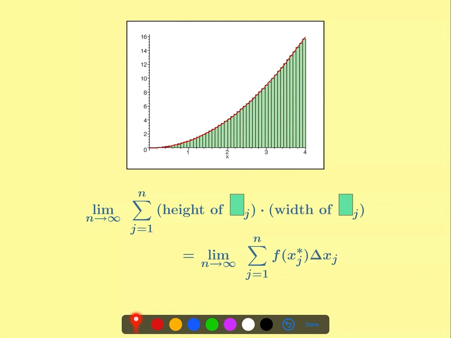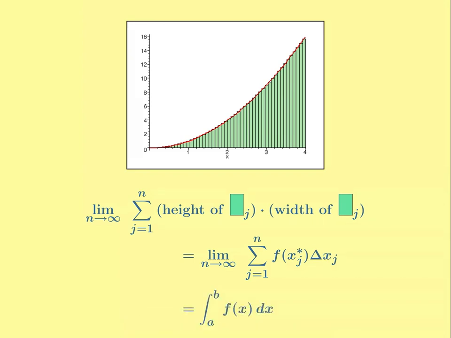Again, as delta x gets small, this gives us a value for the area underneath this curve. We write this as an integral. The sum is replaced by an integral sign, the height f of x is still the same, and the delta x gets replaced with dx. This integral represents the limit we had on the previous line as n goes to infinity and delta x goes to 0.